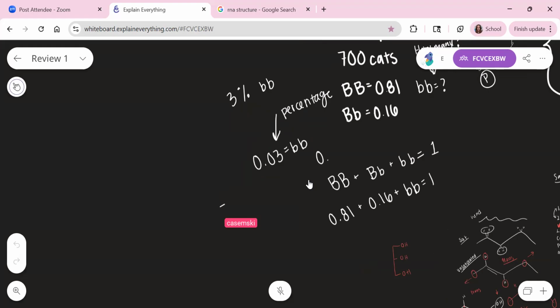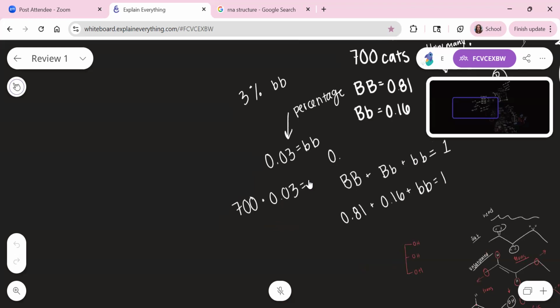And we know we have a total population of 700. So what could I do to find out the number of cats with BB? Multiply by 0.03. Yeah. We would get equations too, though, where we didn't know big B, little b. We would only have BB and we'd be asked to find what percent of the population was little b, little b.